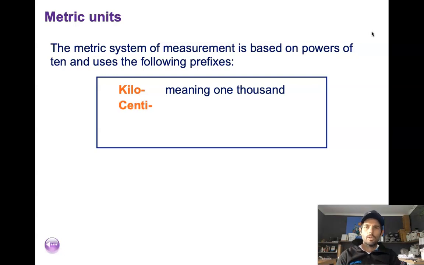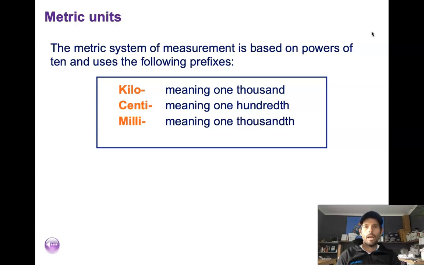Okay, we also have seen the word centi that comes at the beginning of a word, and centi means 100th. Okay, so centimeter, 1 centimeter is 100th of a meter. Okay, and millimeter or milli means 1,000th, and millimeter, there's 1,000 millimeters in a meter. So 1 millimeter is 1,000th of a meter.